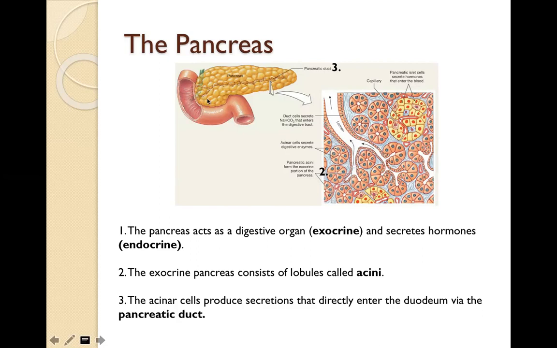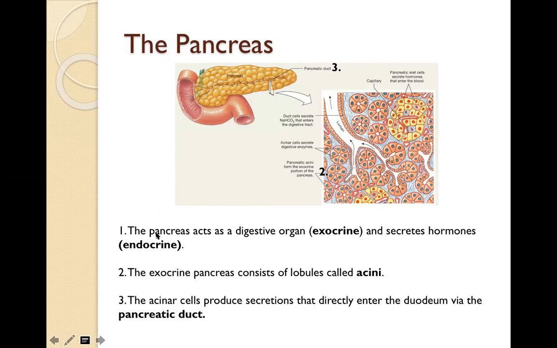The other accessory organ that we need to talk about is the pancreas. The pancreas really has actually two functions. There's two major functions. The pancreas can actually act as a digestive organ, where it releases digestive proteins or enzymes that will aid in the breakdown of various biomolecules.